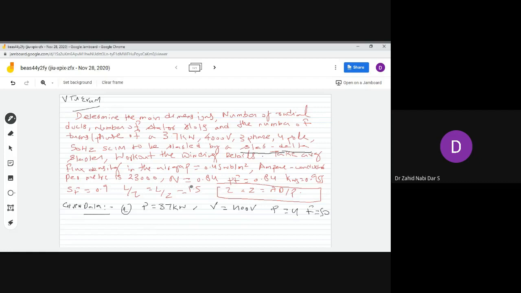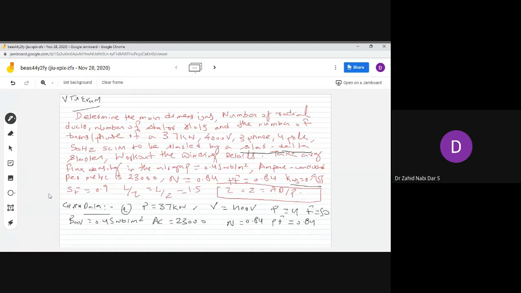Now what is given: flux density in the air gap, that means BAV is equal to 0.45 Weber per meter square. Your ampere conductors is equal to 23,000. Your efficiency is given 0.84. Power factor also 0.84. Rest data is here. Okay, same thing, rest you know.